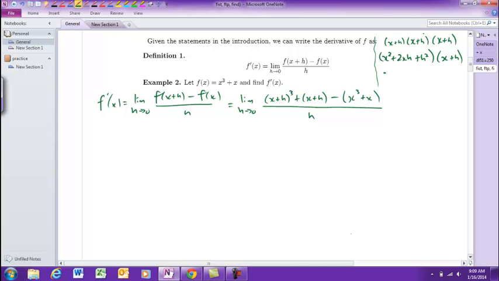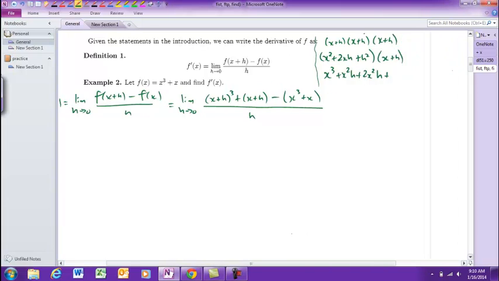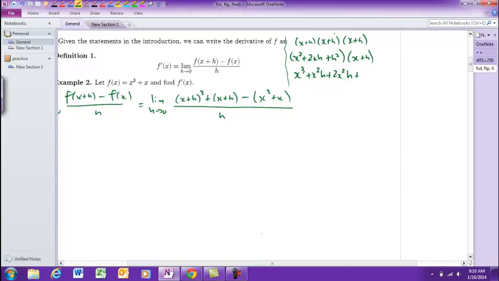x squared times x gives me x cubed, x squared times h gives me x squared h, 2xh times x is 2x squared h, 2xh times h is 2xh squared. h squared times x is just h squared x, and h squared times h is h cubed.